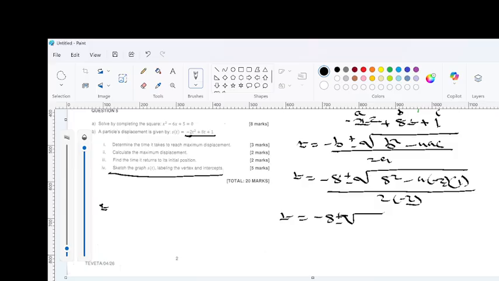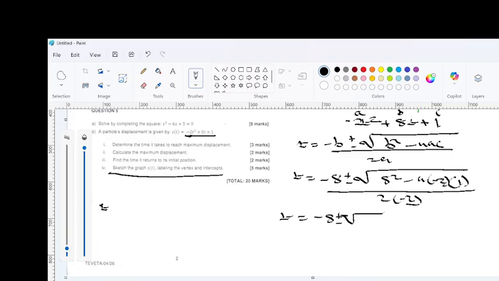Now what is -4 times -2 times 1? We're going to have 8. So now what is 64 plus 8? You can just punch everything on the calculator. So we're going to have 72 here over -4.